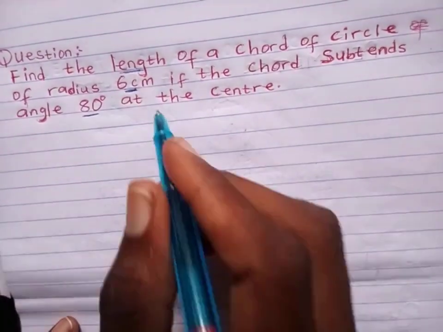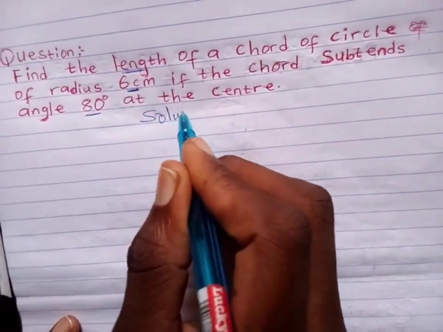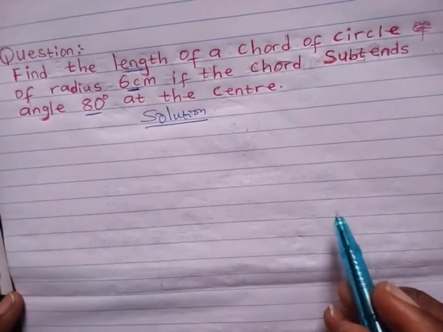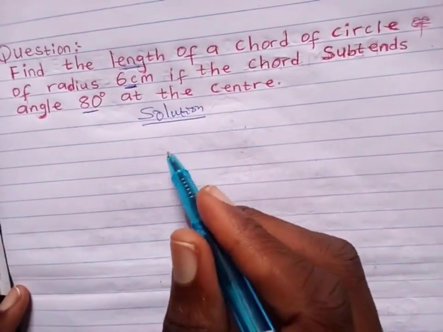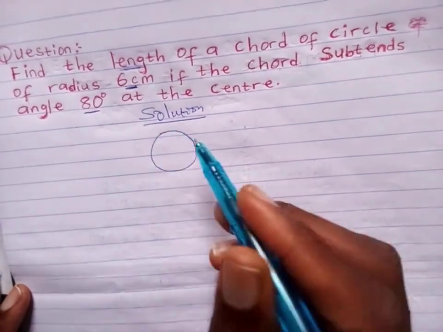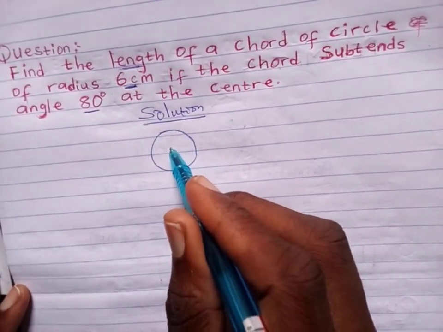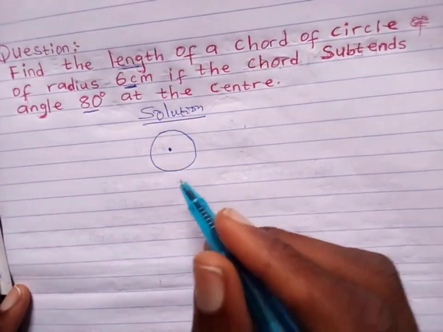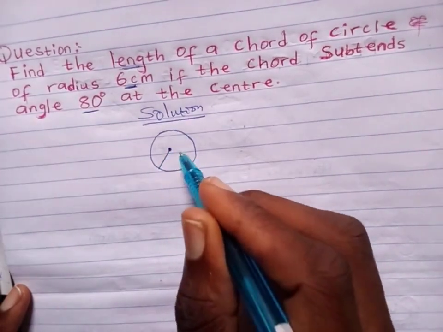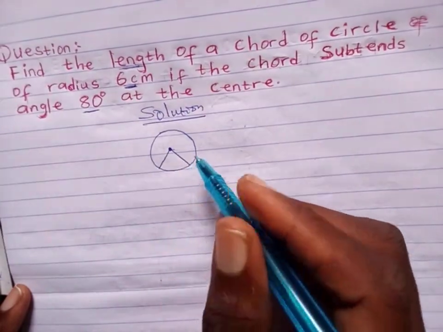All right, let's look at the solution. First of all, it is best we sketch this very problem. You have a circle here. Let's take this to be the center of the circle, and this is the radius.